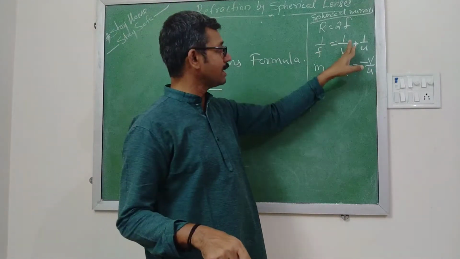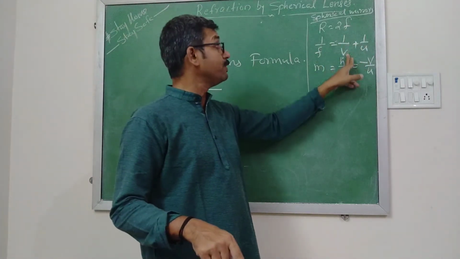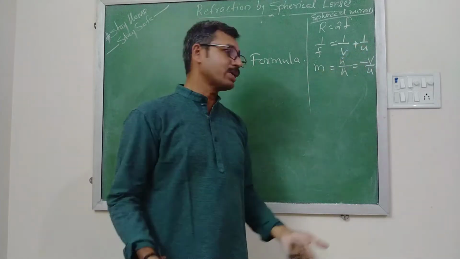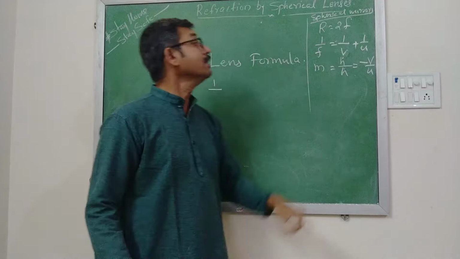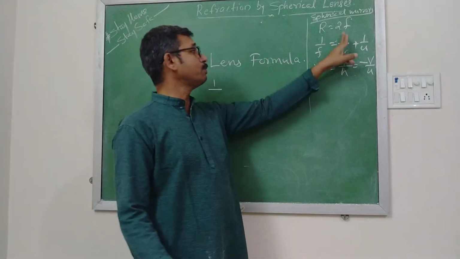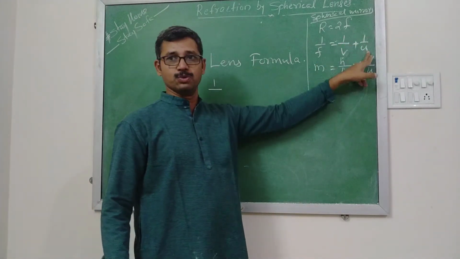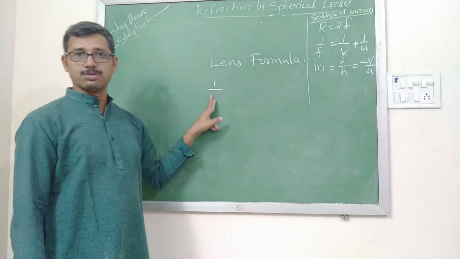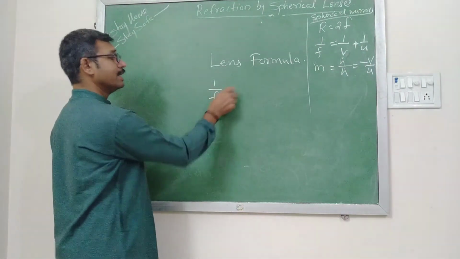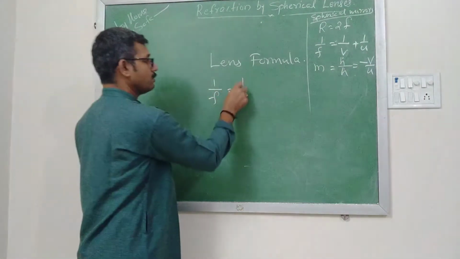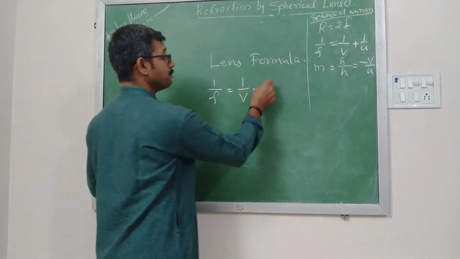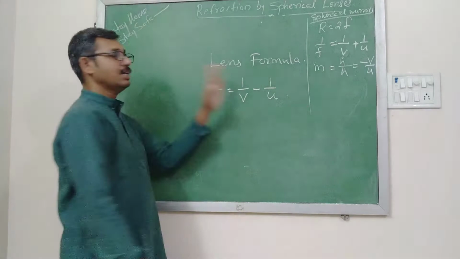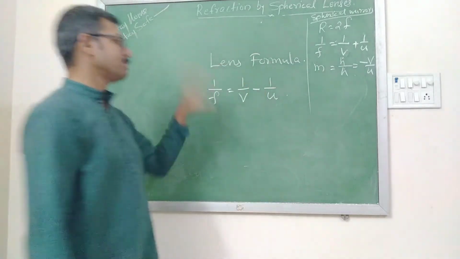Even though you can write it as 1 upon V plus 1 upon U, or also as 1 upon U plus 1 upon V, I mentioned that you should always write it in the form 1 upon V plus 1 upon U. Why? Because it will help here also, so there is no confusion. That is, we always use the image distance first, that is V, minus 1 upon U. This is the lens formula. Using this we will do the sums.